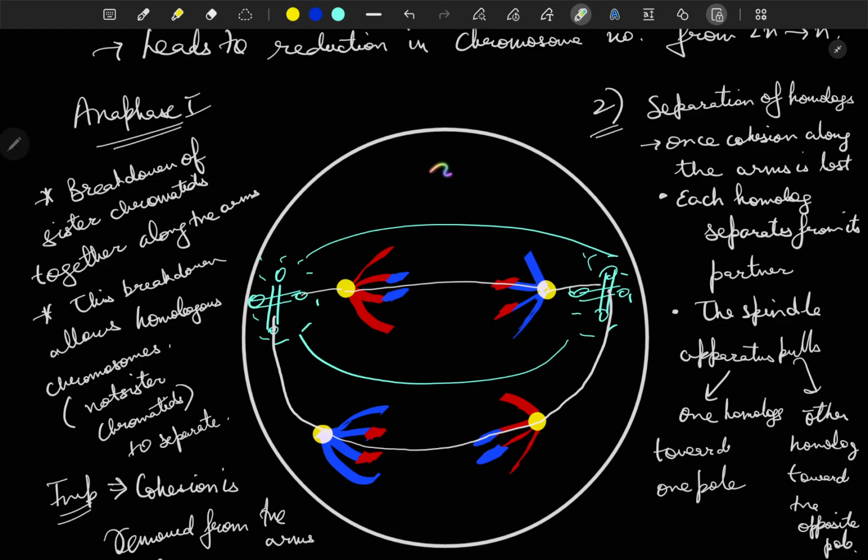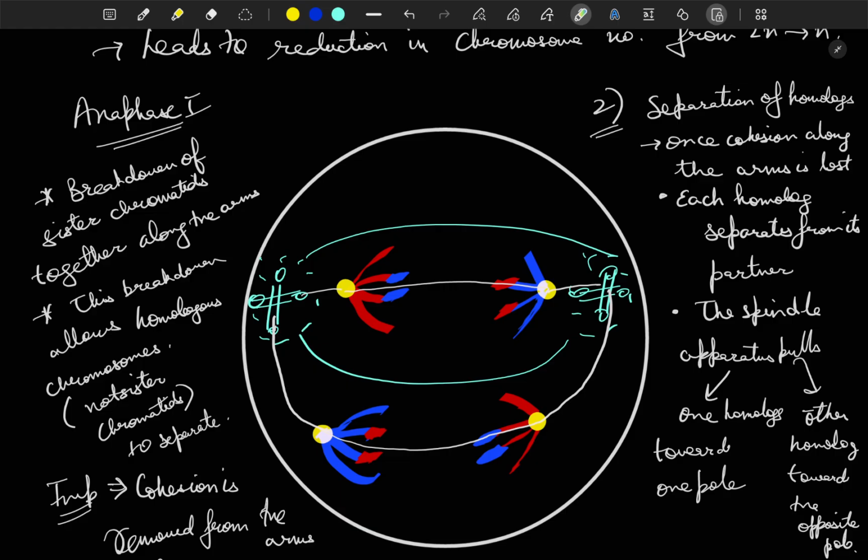The sister chromatids were joined by cohesion, which gets broken apart, but cohesion is only removed from the arms, not from the centromere. What happens next? This leads to the separation of homologous chromosomes, but the genetic material was exchanged.